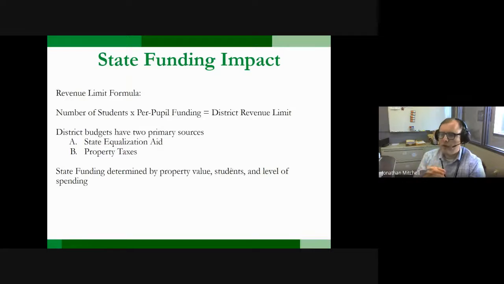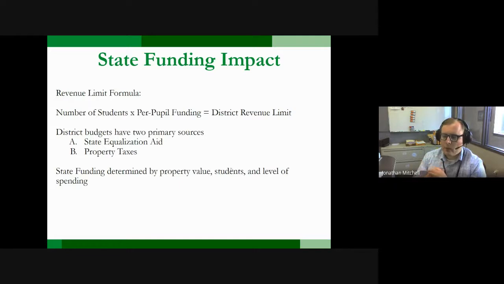The revenue limit formula takes the number of students times the per student funding level limit, and that gives you the district revenue limit. And then that is funded in two ways. So a second ago, we talked about per pupil aid being only state aid. When we talk about the revenue limit, which is the majority of revenues that we receive, is a combination of both state equalization aid and property taxes.